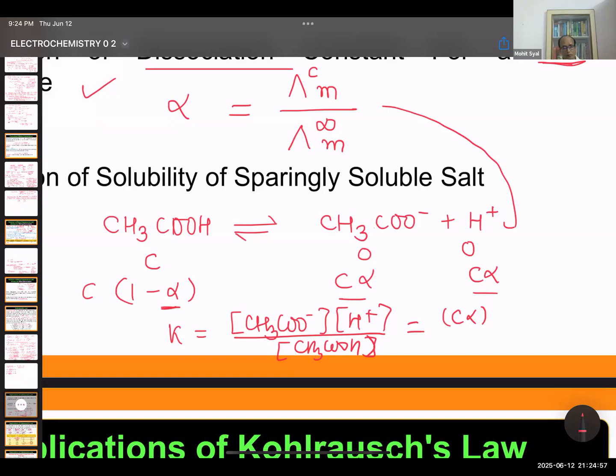Out of C mole, C alpha got dissociated into H plus and acetate. So C alpha H plus ion concentration and C alpha acetate ion concentration, divided by the undissociated acetic acid. Out of C, only 1 minus alpha remains. So it is going to be C alpha square upon 1 minus alpha.